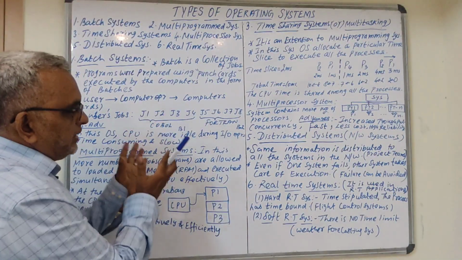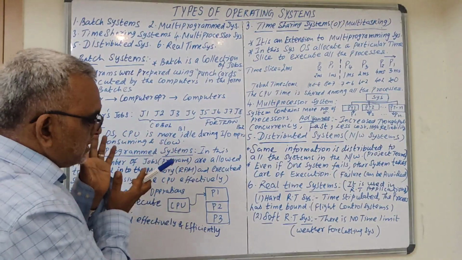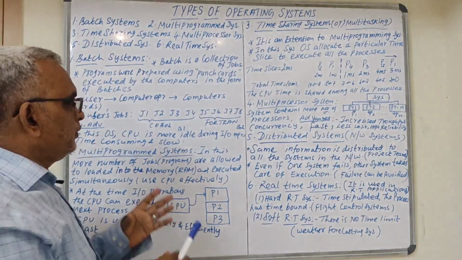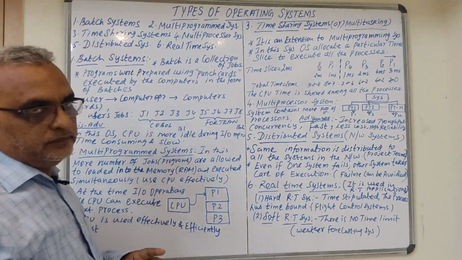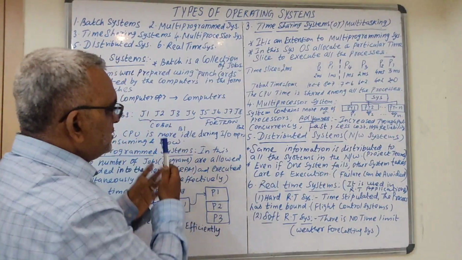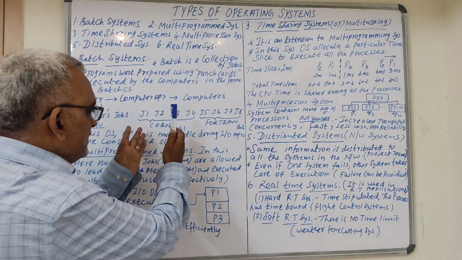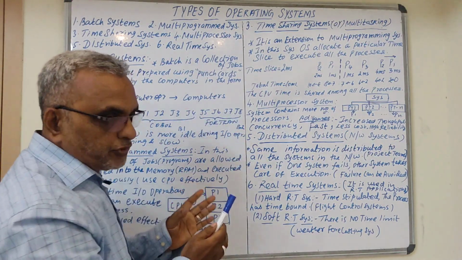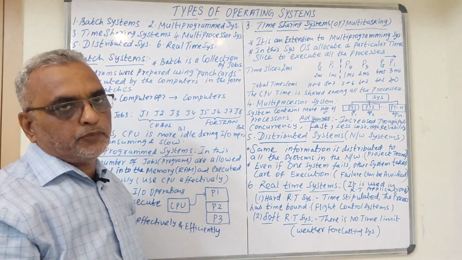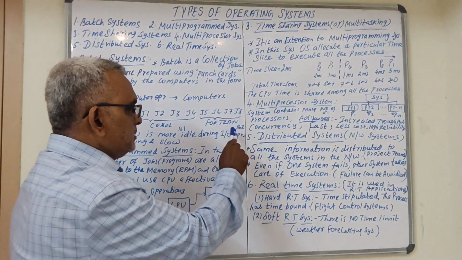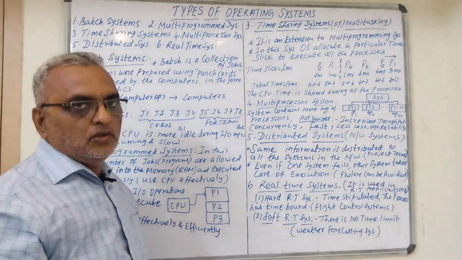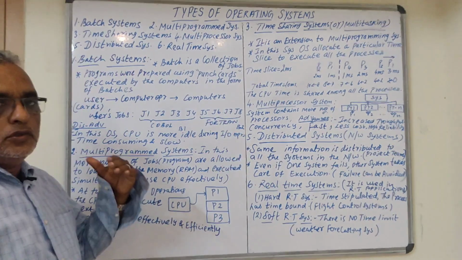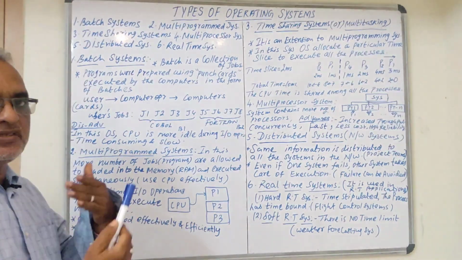So the COBOL jobs will be collected as one batch and submitted to the computer first. This is batch 1. After completion of this batch, they will collect all the Fortran programs together and give them to the computer as batch 2. So that is called the batch system.